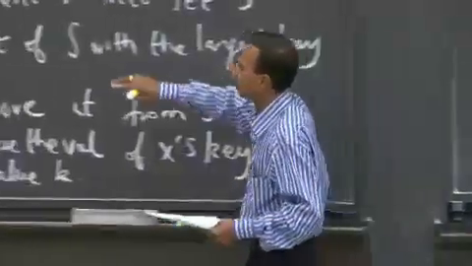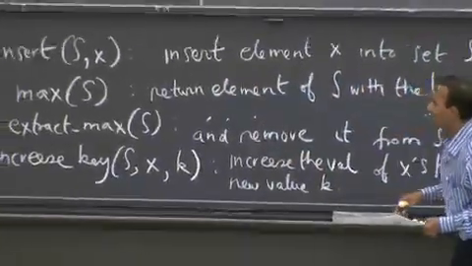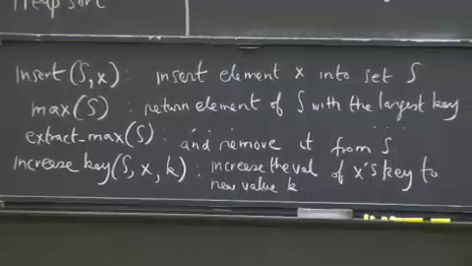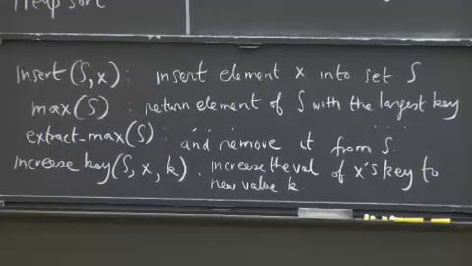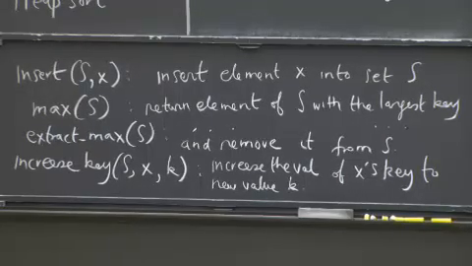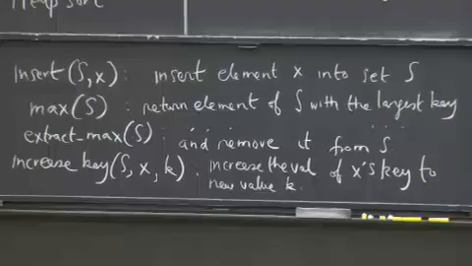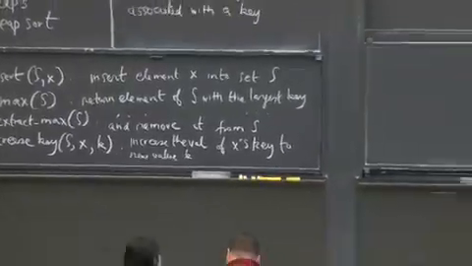I'm going to spend most of the time here talking about how you maintain a rep invariant of this data structure called the heap that allows you to do these operations in an efficient way. And we'll talk about what the efficiency is, and we'll try and analyze the efficiency of these algorithms that we put up.